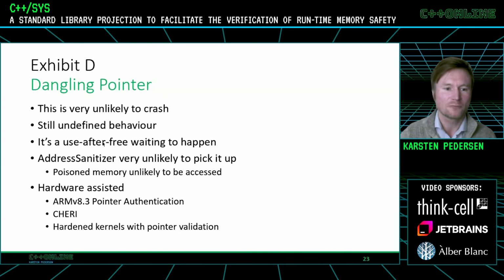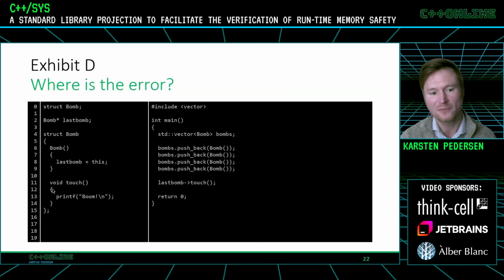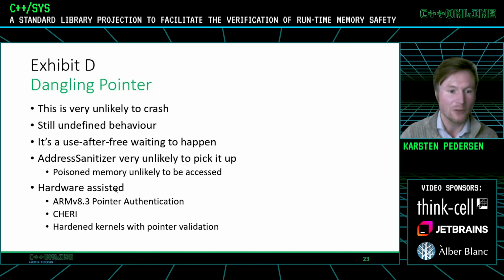And really, that's not the worst thing. It's more the fact that a use after free is just waiting to happen because it might be printf for now, but later on, you might chuck in something to print out the bomb's ID or something like that. So it's really just a problem waiting to happen. Apparently hardware assisted setups can track it down, but again, I've not been able to verify that.